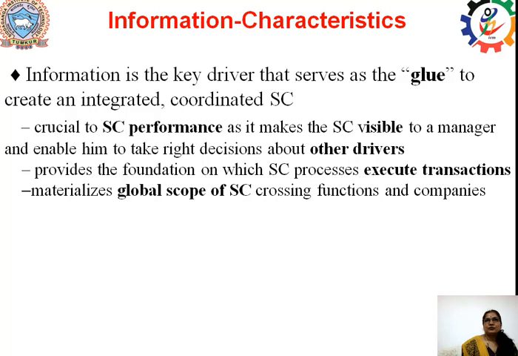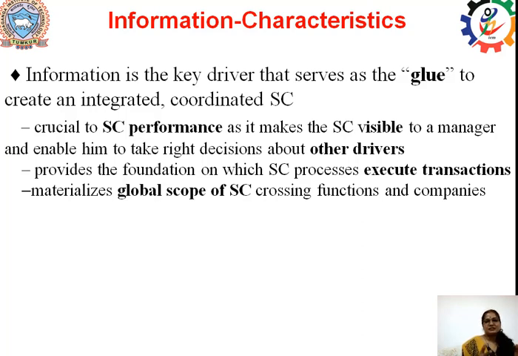If we come to manufacturing, how about the allocation of various workers to particular machines? And if we come to transportation, routing, scheduling. Similarly, if we go to facility, the location, allocation, all these decisions need the information.